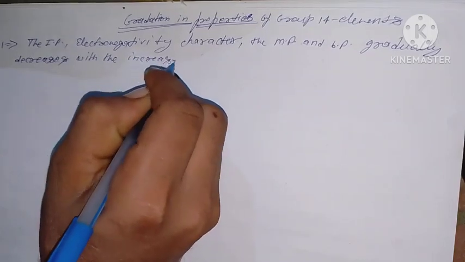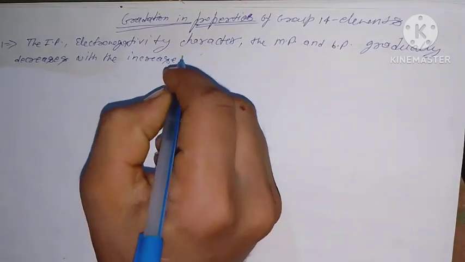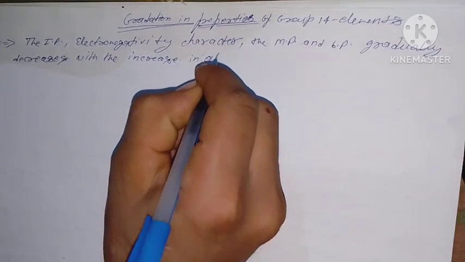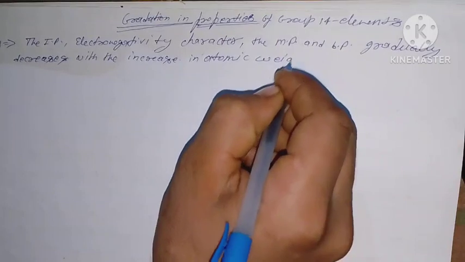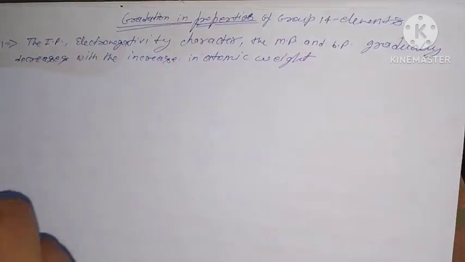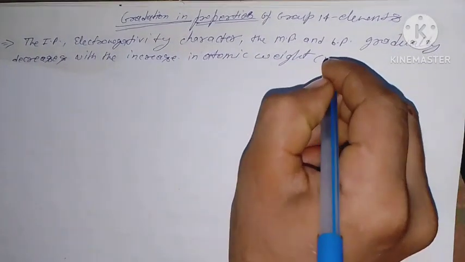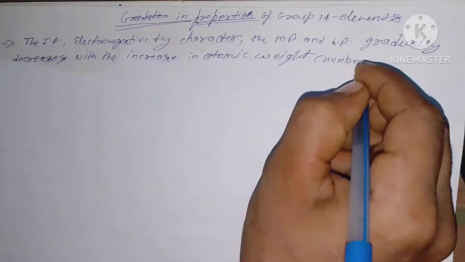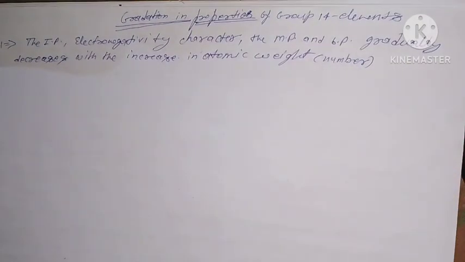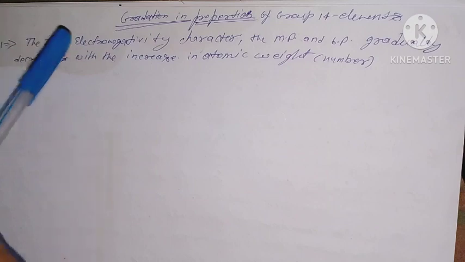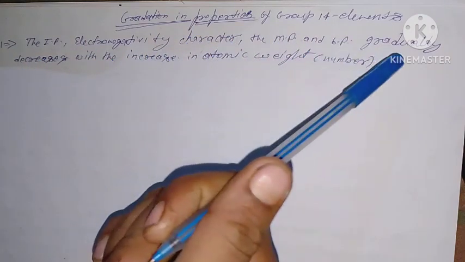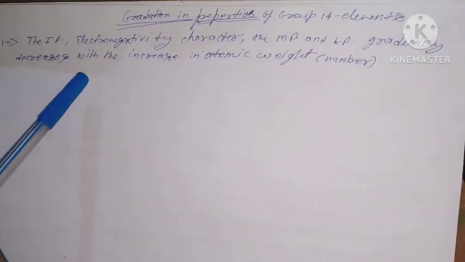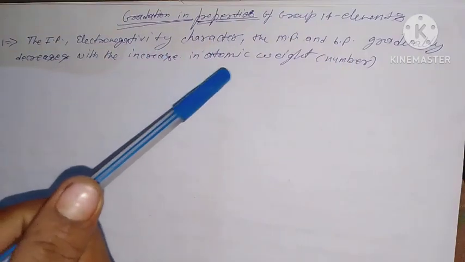The ionization potential, electronegativity character, the melting point, the boiling point gradually decrease with the increase in atomic weight.